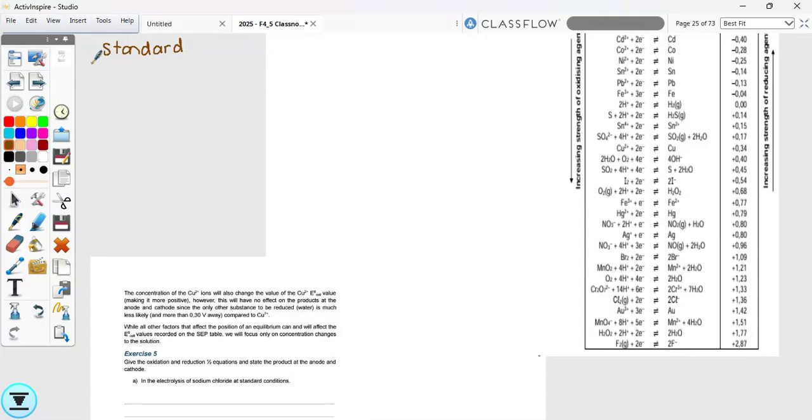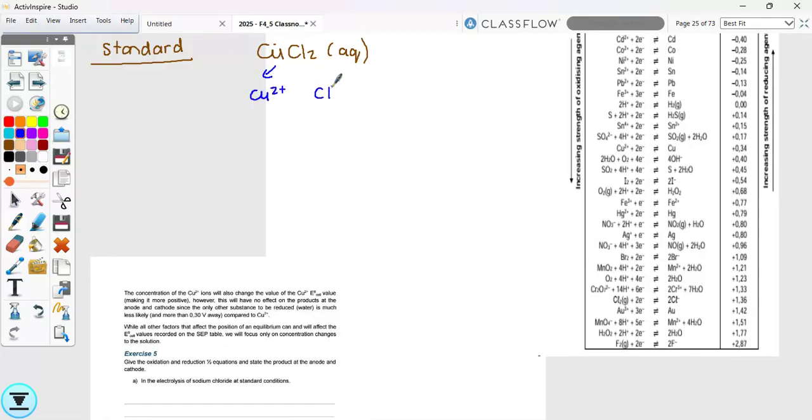This one is important because in the chloroalkali industry, we're going to refer back to it all the time. For standard conditions, you just follow your rules. You've got CuCl2, and they tell you it's a solution, so it's aq. So what are the three substances I'm going to look for? Perfect.